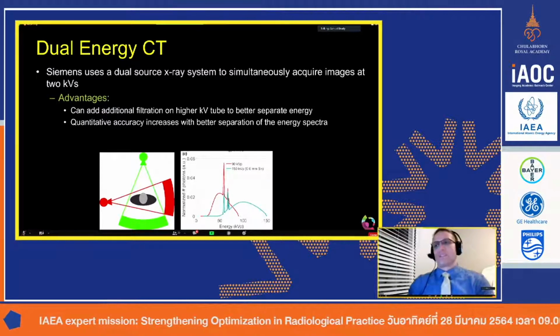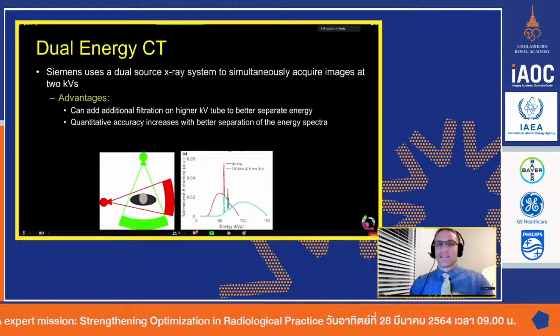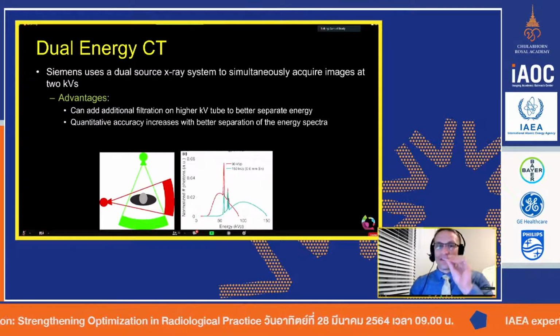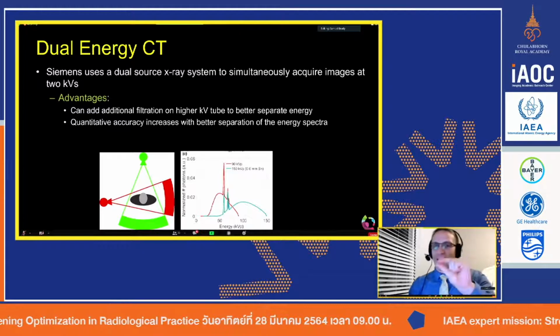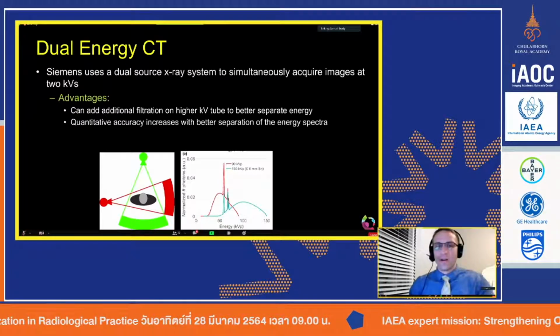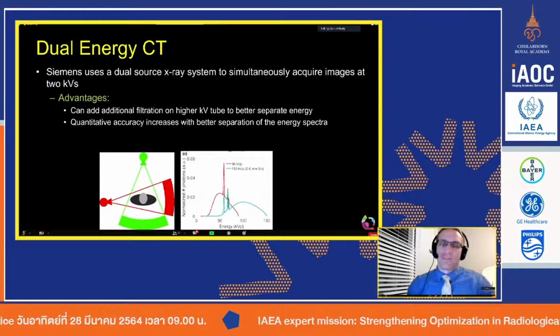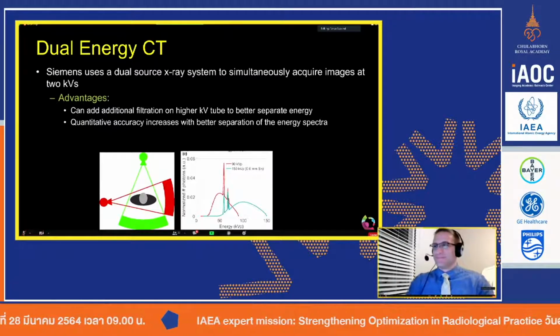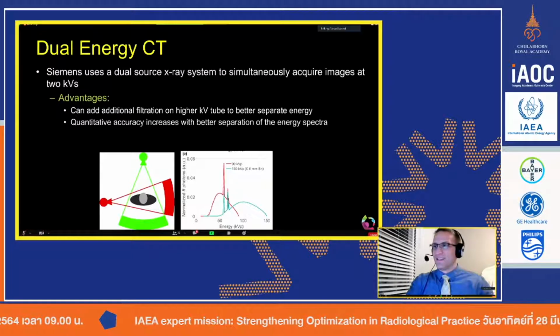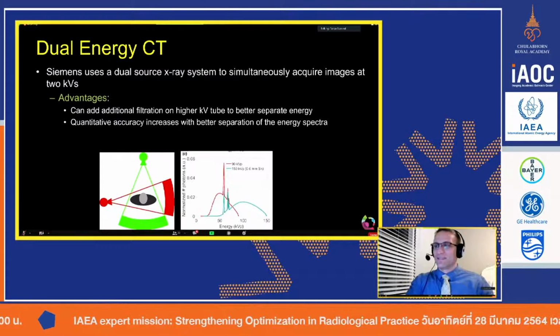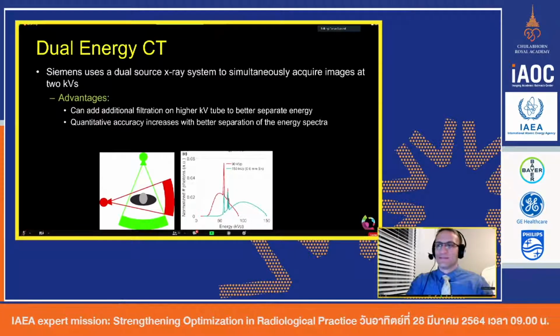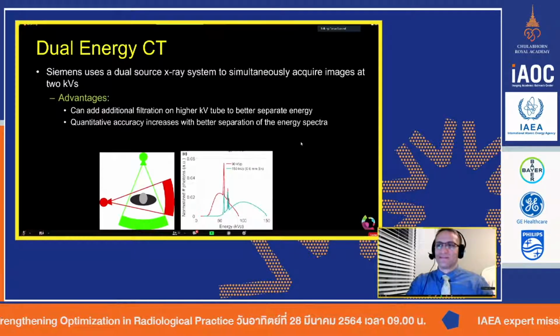So yes, there is a contamination, and yes, it does affect the true calculation of the difference between, say, iodine and calcium or iodine and water. But visually, could you see it? In my personal opinion, no. So the final product for clinical use is the same. It's the process to get those images and make technologists happy when they use the scanner.